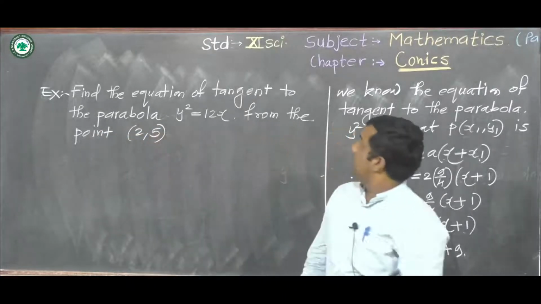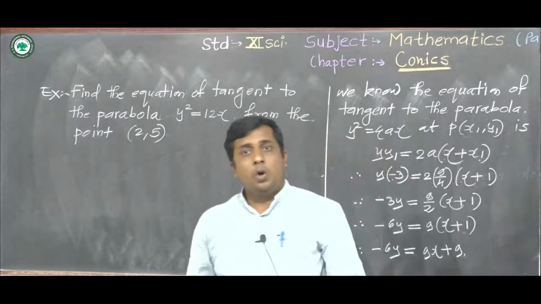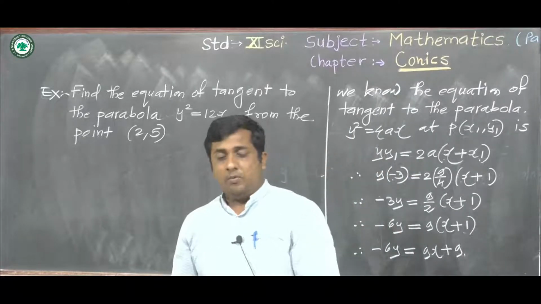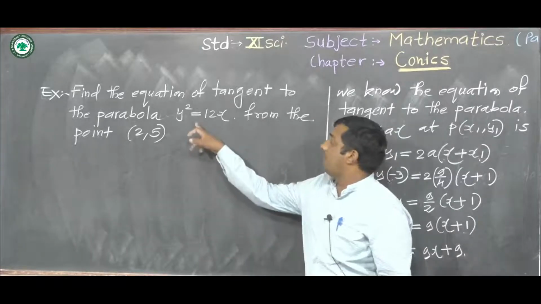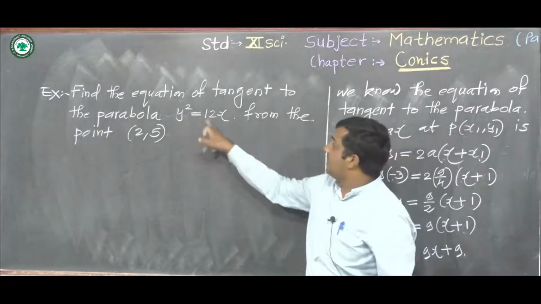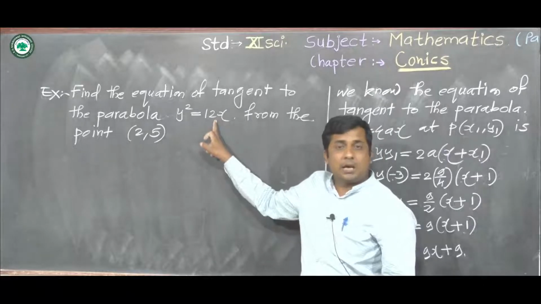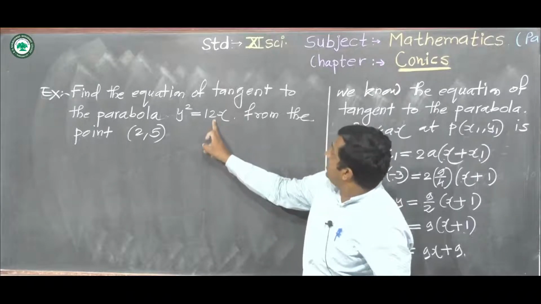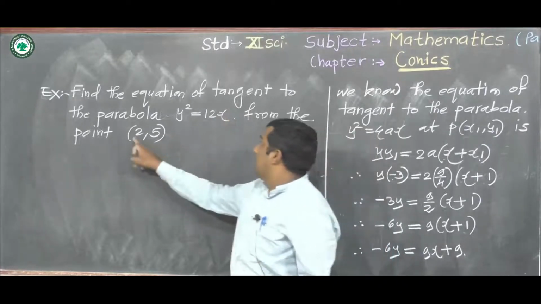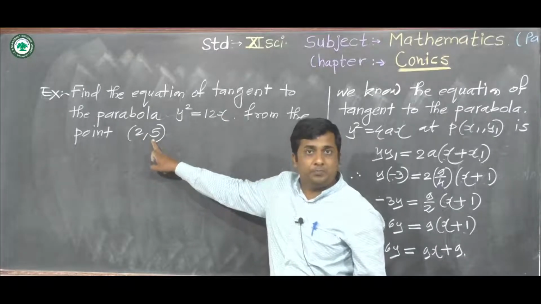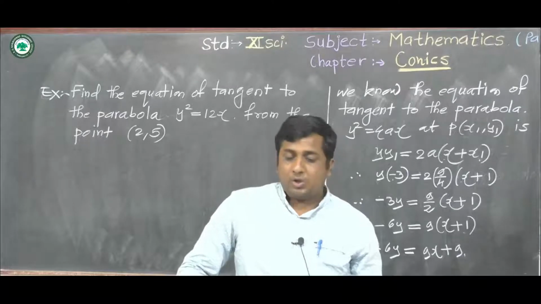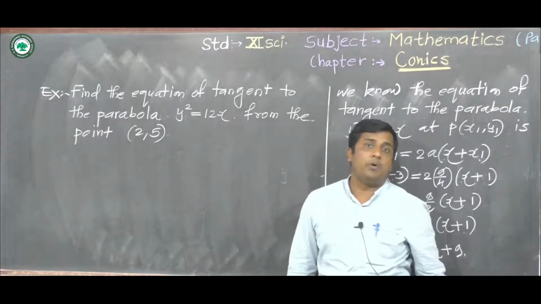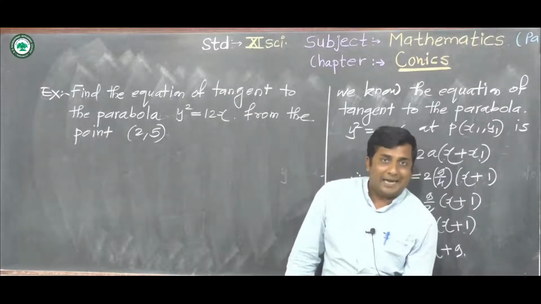Okay, here again in this example we have to find the equation of tangent, and for this the equation of parabola is given. Here it is y square is equal to 12x. Here also the tangent is from the point (2, 5). So here by using the equation of tangent in terms of slope, we find the equation of tangent.